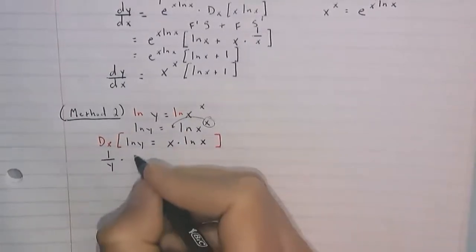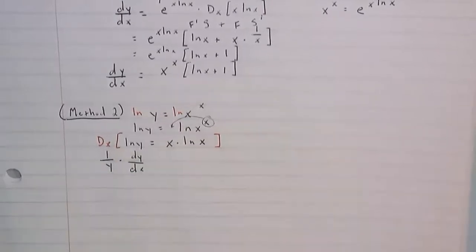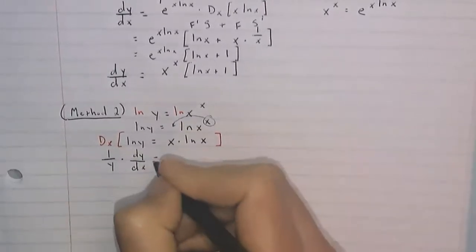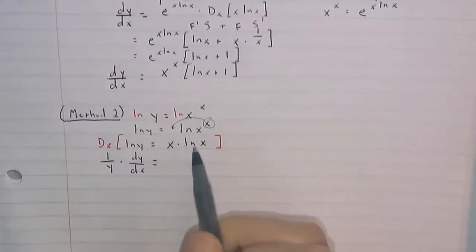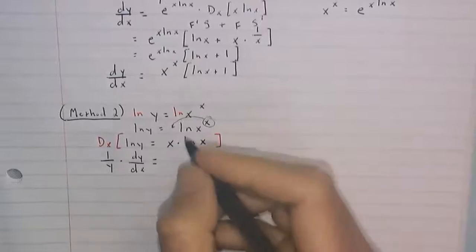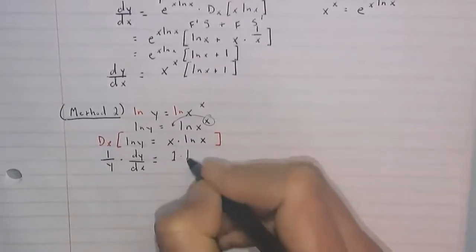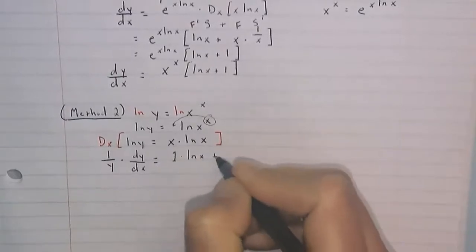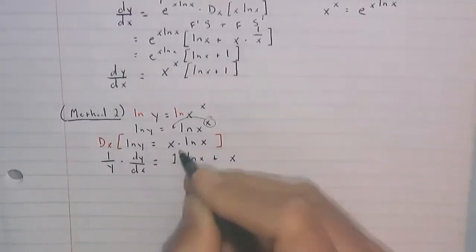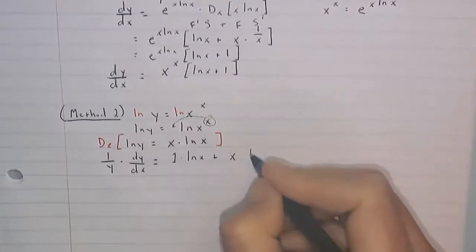And so this pops out dy dx, which is what we're after. On the right side, we get another chance at differentiating x times the ln of x. We take the derivative of the first thing, which is 1, times the second thing, plus the first thing times the derivative of the second thing, which is 1 over x.